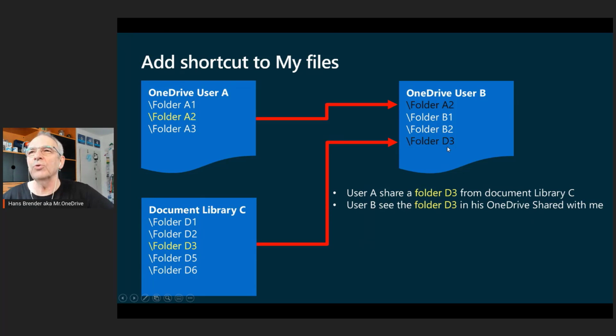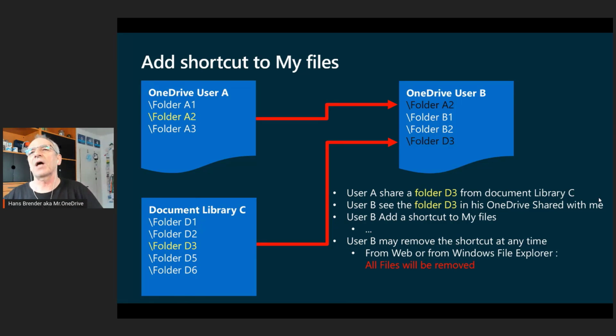That's convenient. We can do that. Yeah. User B sees his OneDrive D drive in a shared with me in his OneDrive. Perfect. OneDrive for Business. And he has to say, yes, I want to do that. Add a shortcut to my files. The same procedure is done. Yeah, we have it on the machine, not only one machine, all machines, and also on the other stuff.